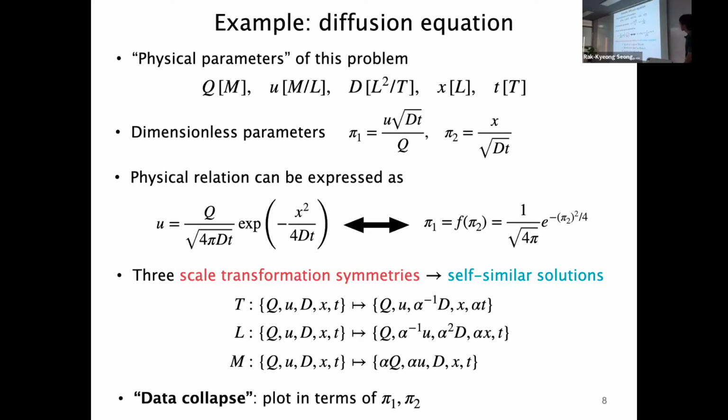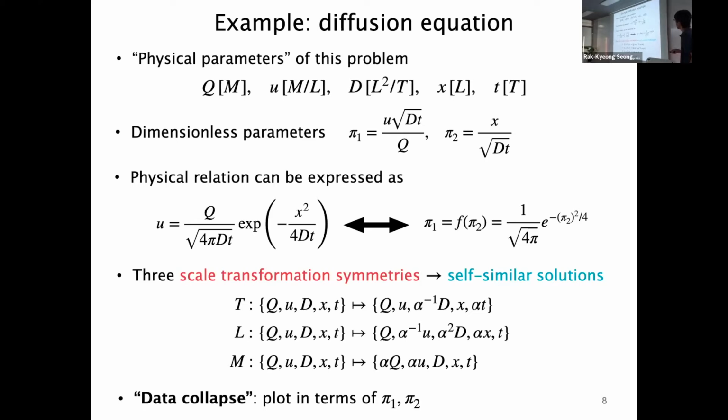And indeed, those physical parameters satisfy this relation, as you can expect. This physical relation can be expressed in terms of the relation between the dimensionless parameters in this way. Because of this fact, we have scale transformation symmetries, by which certain solutions can be connected, and which is the origin of the self-similarity.